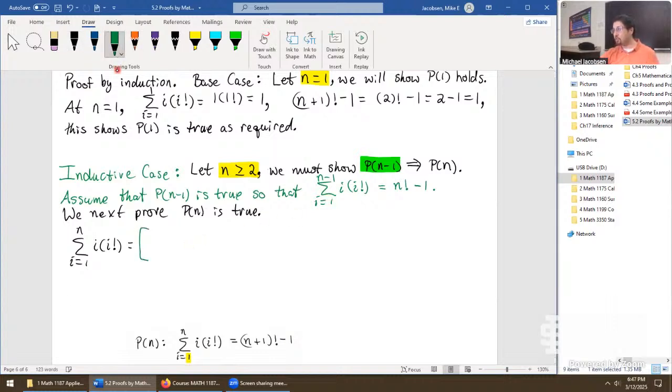So this turns into I equals 1 to n minus 1 summation I times I factorial plus, because we only summed up to n minus 1, we come up here at n, input it into the expression below, and that's our final term, n times n factorial.